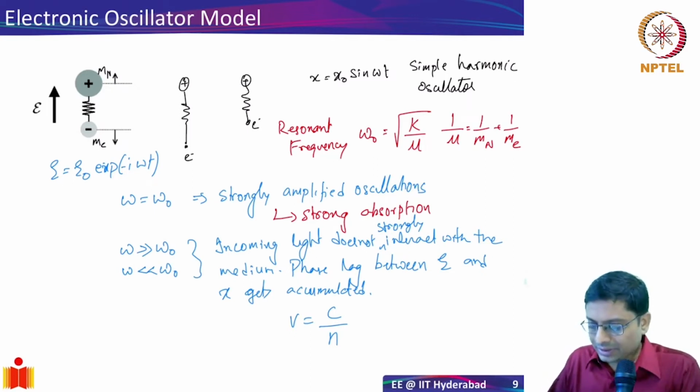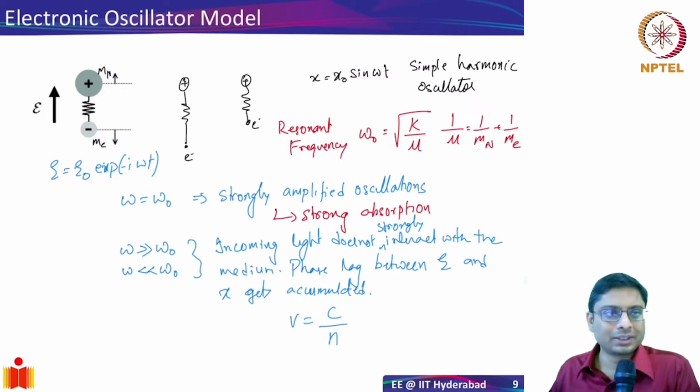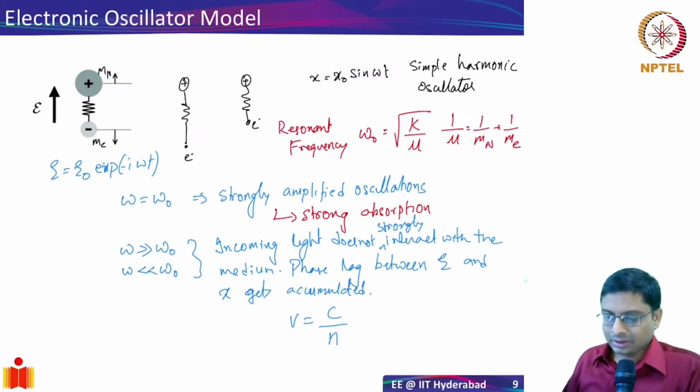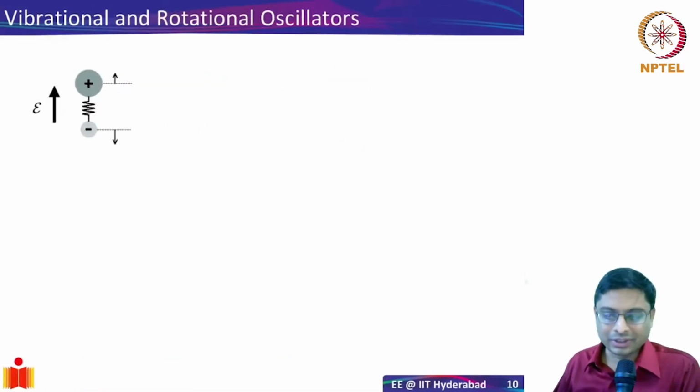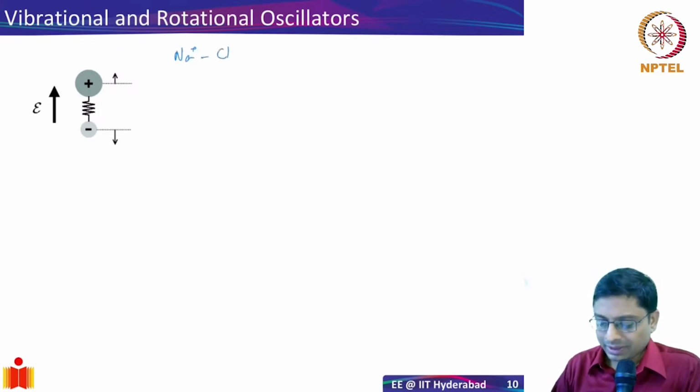So because of this, the response of the material also depends on the oscillations. Now, not just electronic oscillators, you can also have vibration oscillators. For example, I can think of a crystal of sodium chloride, with sodium plus and chlorine minus.